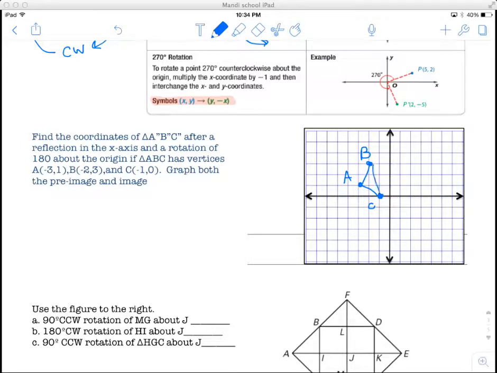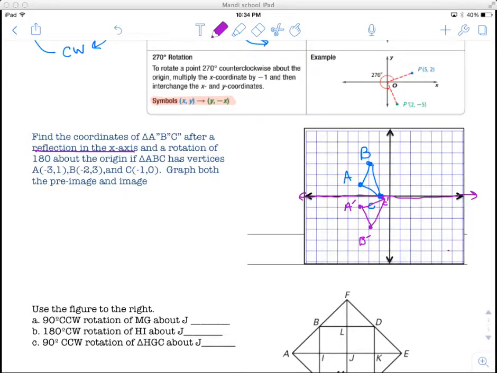So the first thing that has to happen is that we have to have a reflection in the x-axis. So here's the x-axis right here. And we want to reflect that. So C stays the same, that becomes C prime. A flips down. B is up 3, so we go down 3. So there's the second transformation.